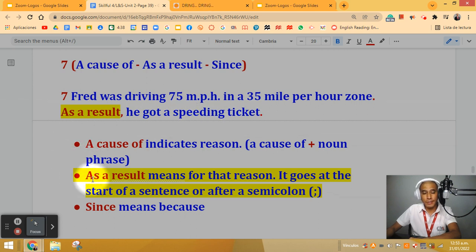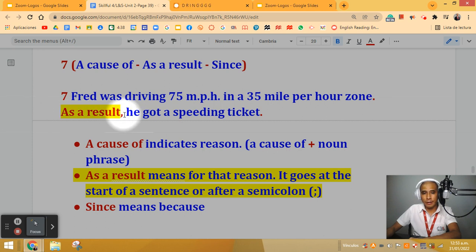What about the second, which is the correct one? As a result means for that reason. And there is one characteristic that it goes at the start of a sentence or after a semicolon. In this case, if you notice, it comes after a period. So it goes at the beginning of a sentence.